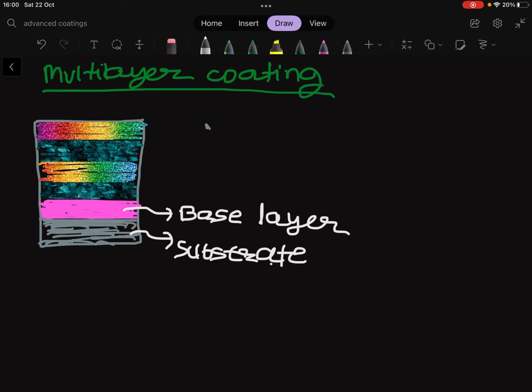Okay, so this is the representation of the multi-layer coating. Okay, not so perfect. So this is the sketch of the cross section.